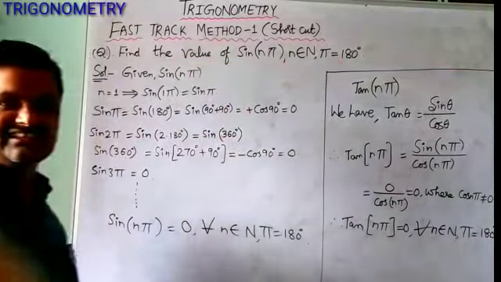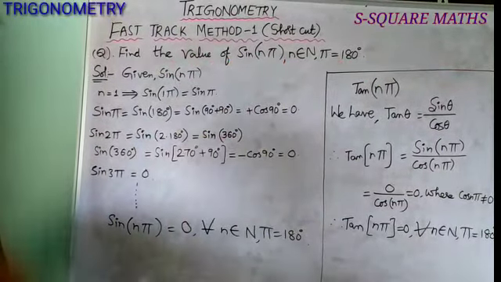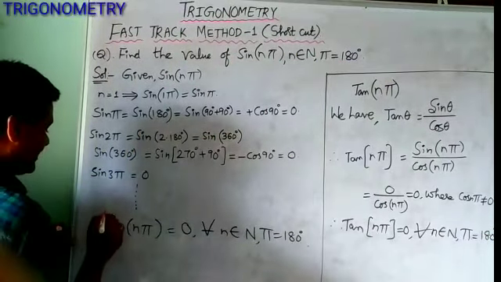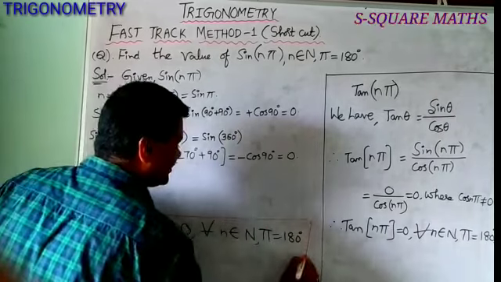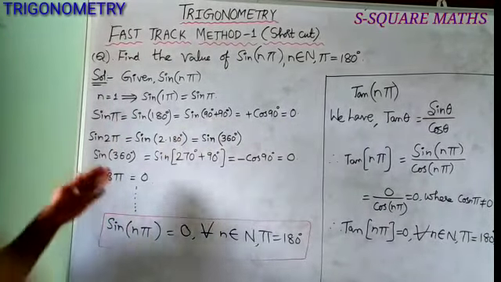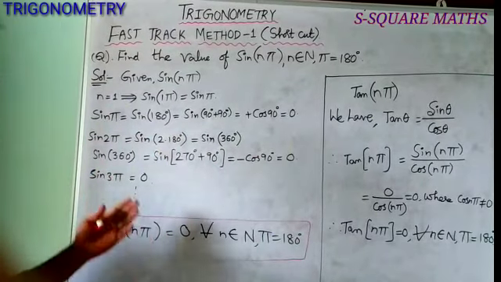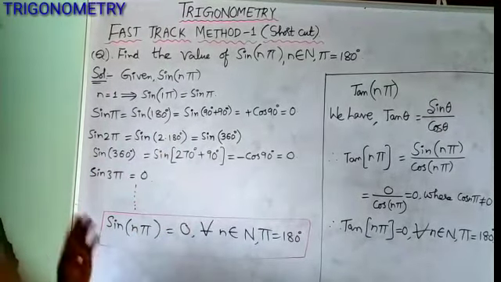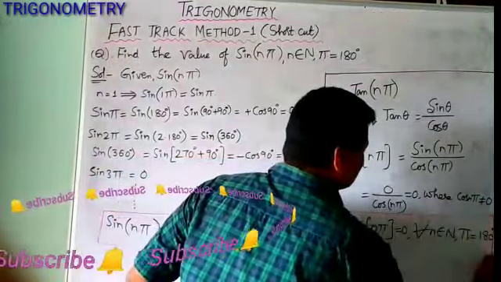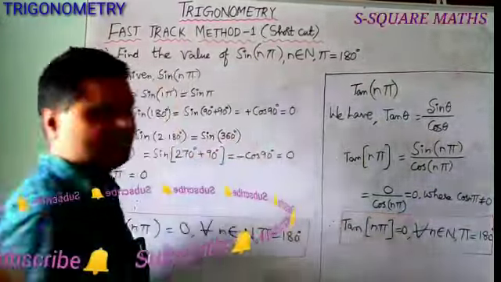So in our shortcut method, what we have got is that sine n pi is always 0 for every natural number we consider: sine 1 pi, sine 2 pi, sine 3 pi, and so on, it is always 0. And one more case: tan n pi is also 0 for every natural number.